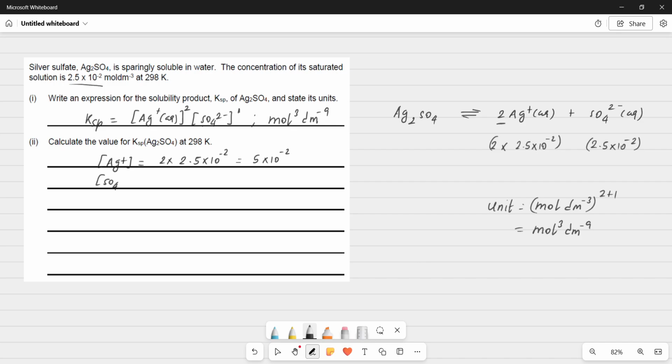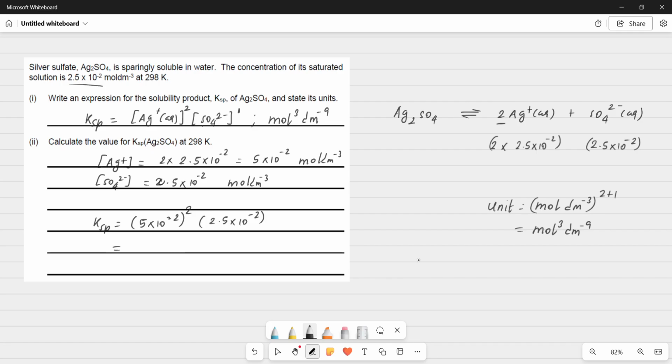The concentration of SO4 2 minus is the same, that is 2.5 into 10 to the power negative 2. Both are moles per decimeter cube. So now I substitute these values in the expression of KSP. KSP is Ag plus to the power 2, 5 into 10 to the power negative 2 to the power 2 multiplied by 2.5 into 10 to the power negative 2.